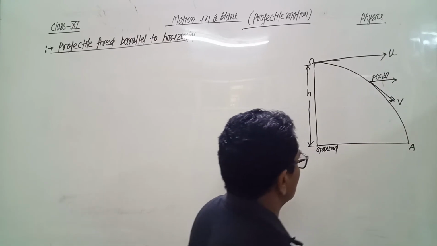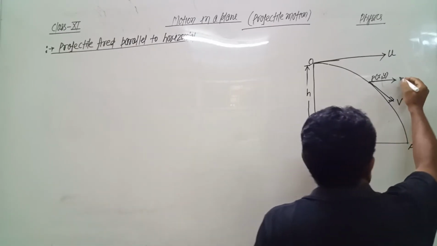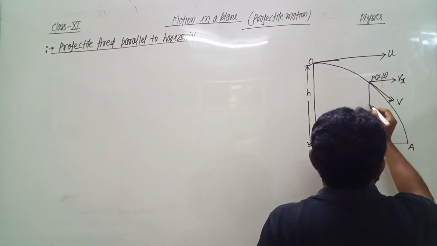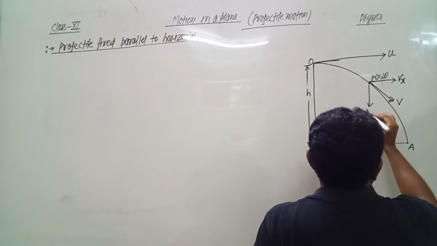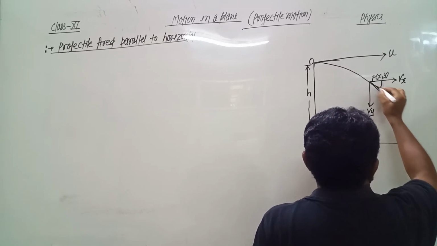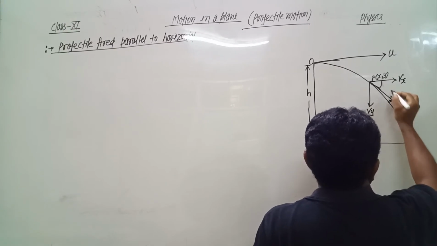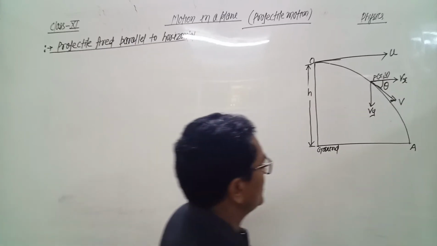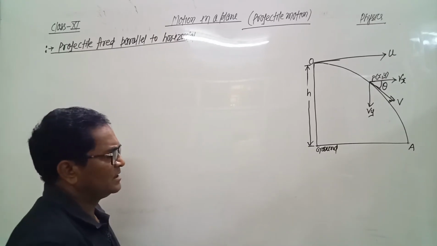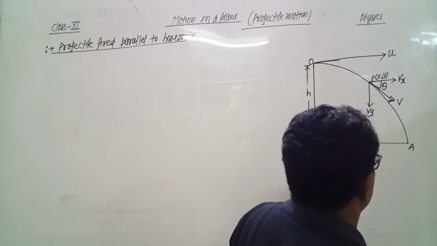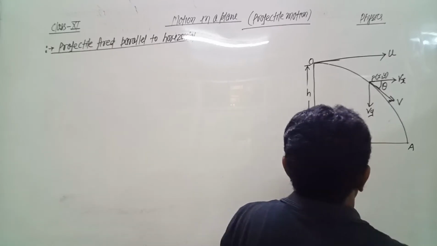The horizontal component of velocity v is vx, and the vertical component of velocity at point P is vy. The velocity vector v makes an angle theta with the horizontal component vx.